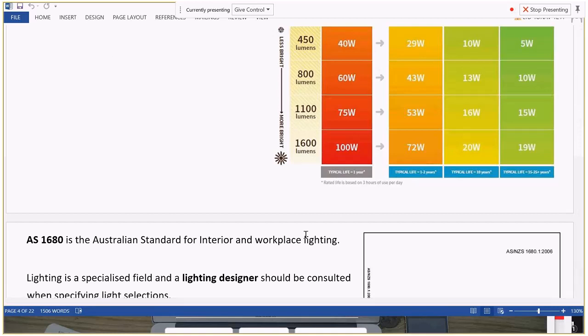To ensure that people are carrying out tasks safely and also not straining eyes, there are basic requirements for the amount of light that you have to have on a desktop at work, for example.